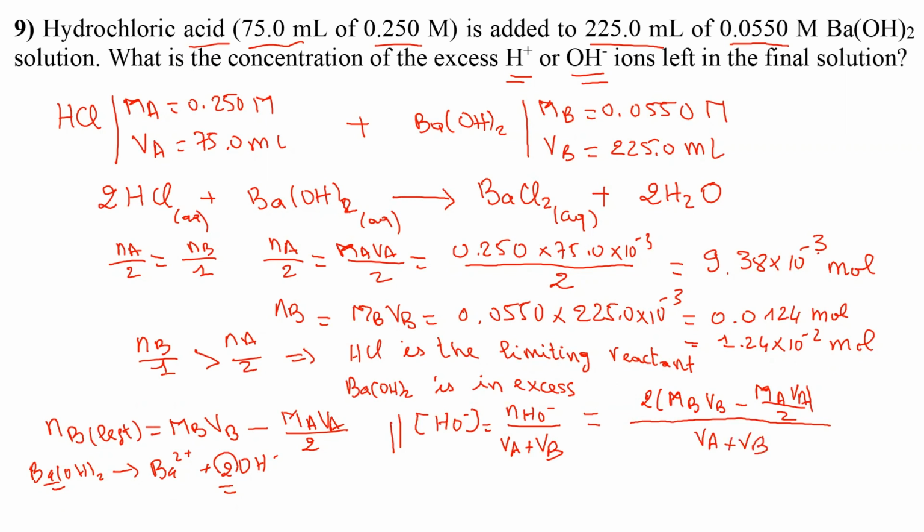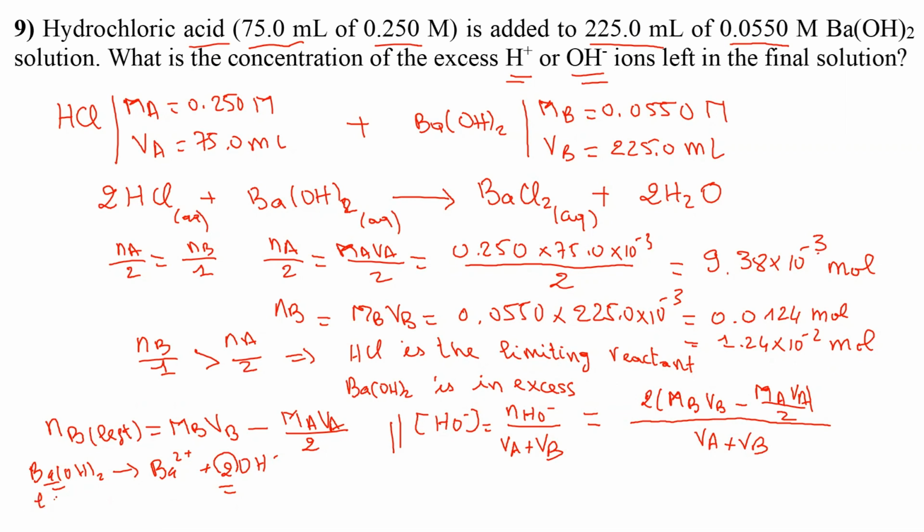Okay, so you need to be careful about the number of mole of the concentration of OH minus. Okay, it's coming from this leftover, so you have barium hydroxide that will dissolve to give barium 2 plus and 2 times OH minus. So from the chemical equation, you know the number of mole of OH minus with this is left. Okay, this is the left.